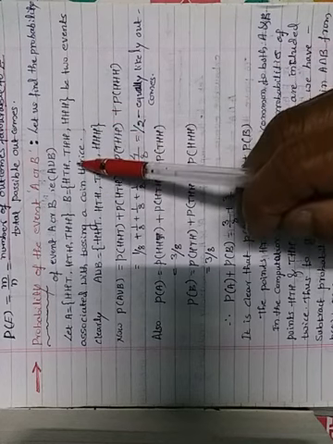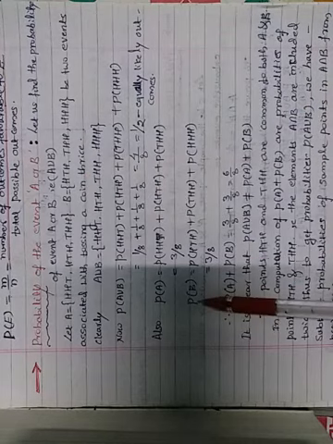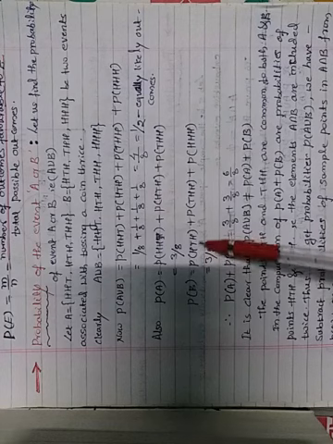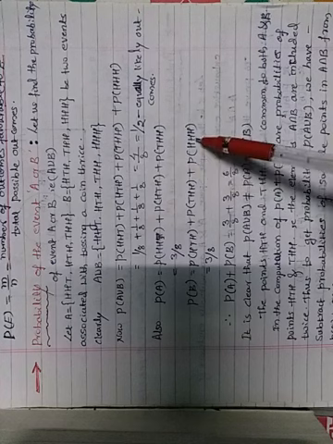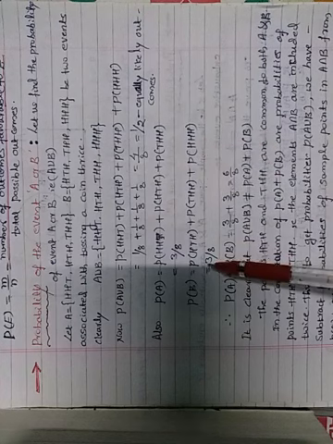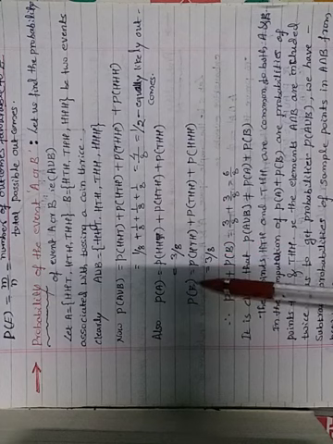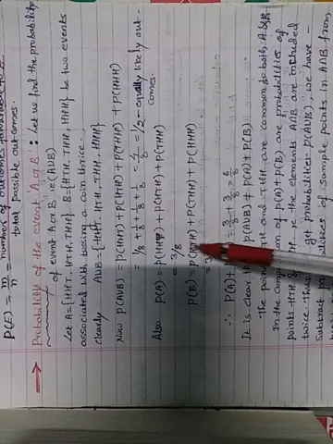Therefore, P of HTH plus P of THH plus P of HHH, here 3 by 8 is the probability of the set B, and the probability of set A is also 3 by 8.